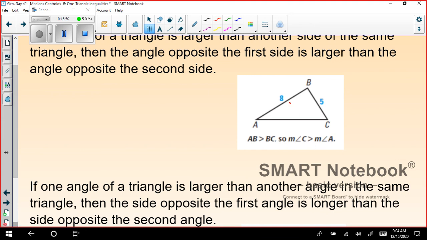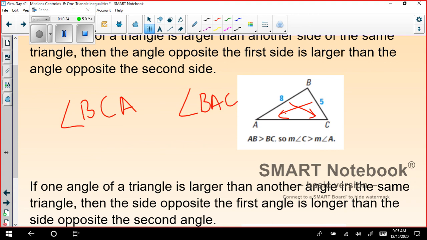The angle opposite to AB is angle BCA. And I know side BC is smaller than side AB, and the angle opposite to BC is angle BAC.